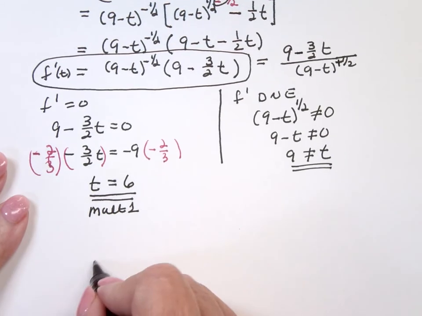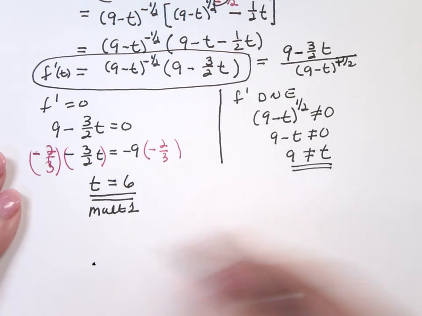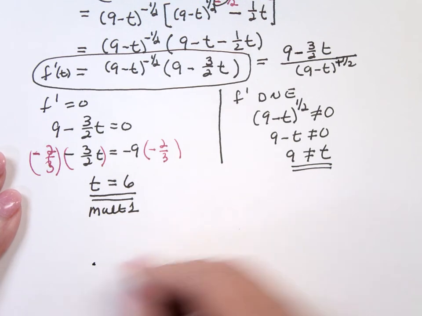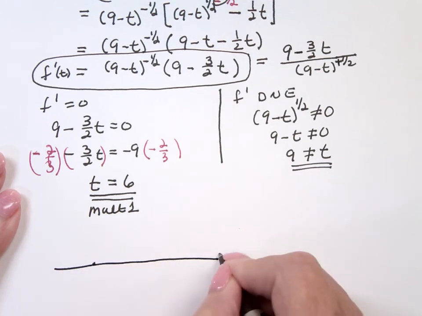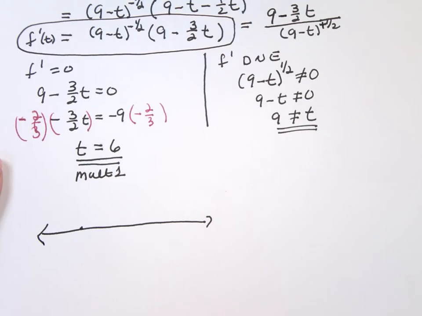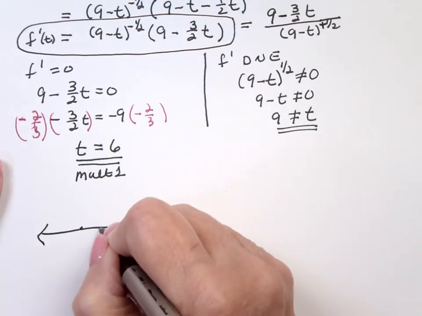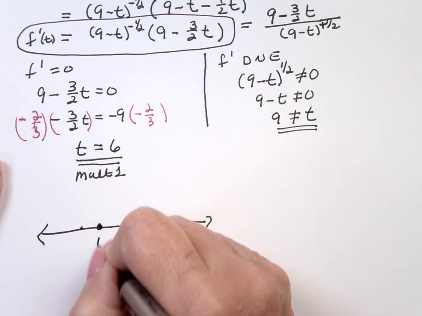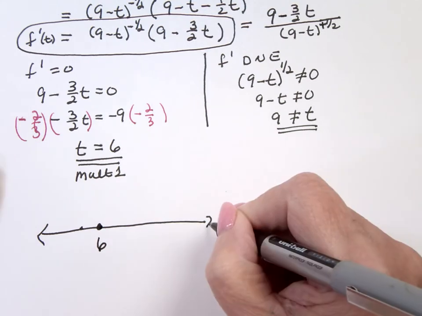So now I draw my number line. I need some space to work. And I put 6 on my number line. But my number line doesn't have an arrow on it.